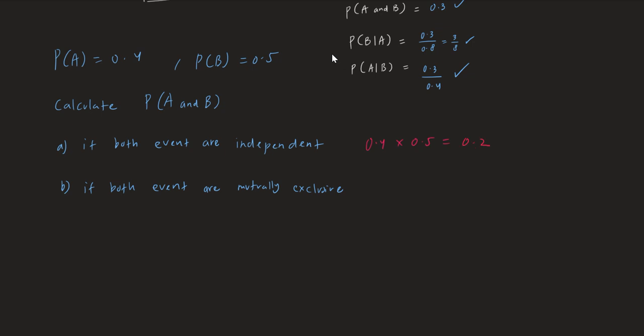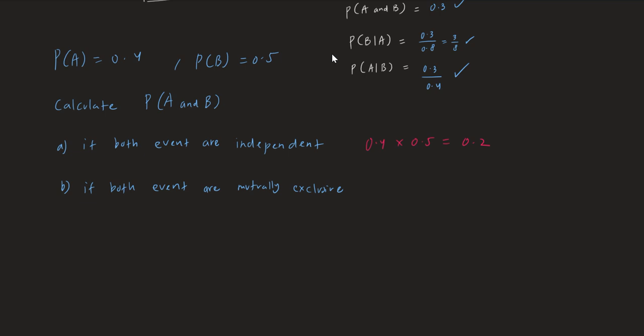How about this, for B? Both events are mutually exclusive. Mutually exclusive means they're two separate events. Do you want me to calculate A and B?